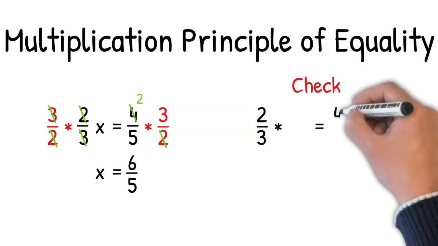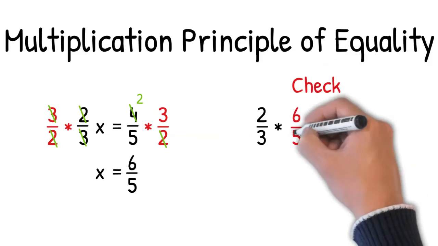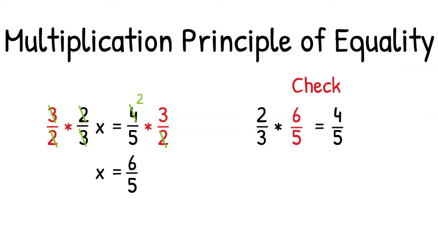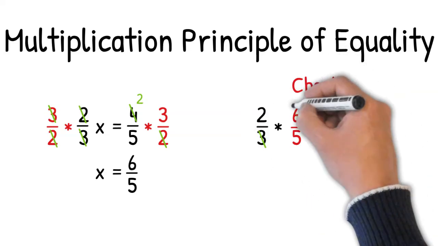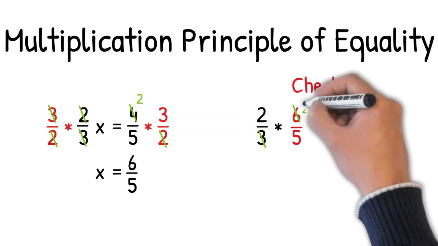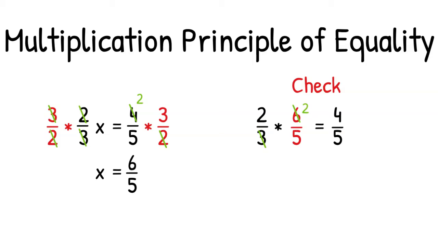To check, take the original equation and substitute 6/5 for x. This time we can reduce the 3 and the 6. Both can be divided by 3. 3 divided by 3 is 1, so it factors out. 6 divided by 3 is 2.